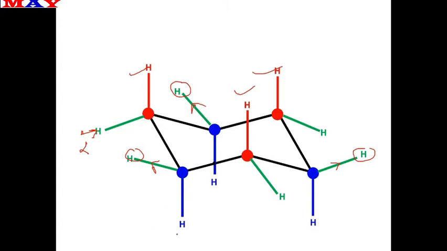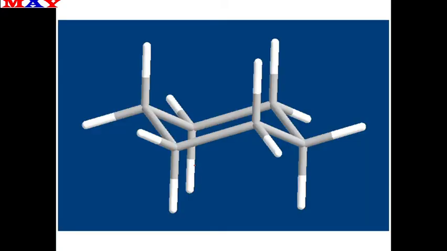So this is also alpha and this is also alpha. So there are six alpha and six beta. Similarly, there are six axial and six equatorial. This is another view of the three-dimensional structure of cyclohexane in the chair form. This has formed because the ring is flexible.